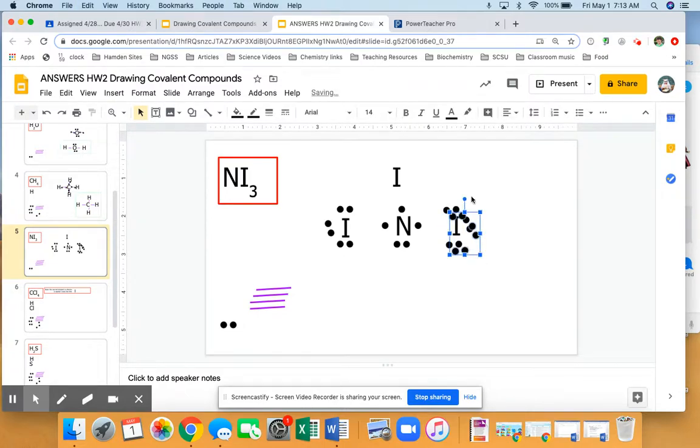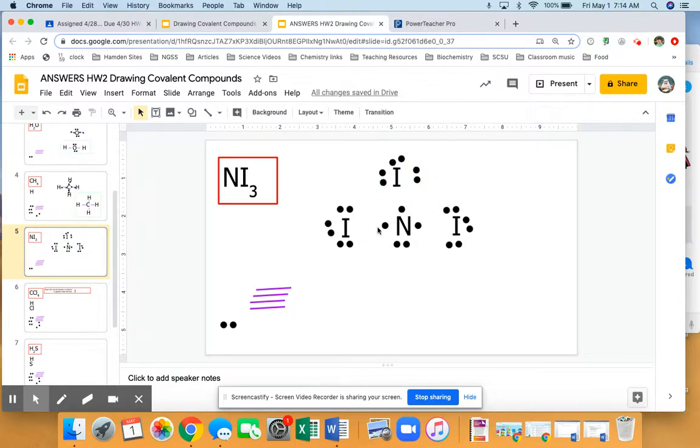Again, these don't have to be perfect, folks. I was just trying to get you to sort of see what these looked like. If you found that it was way easier for you to do this by hand and take a picture, totally fine. All right, so now each iodine has 2, 4, 6, 7.